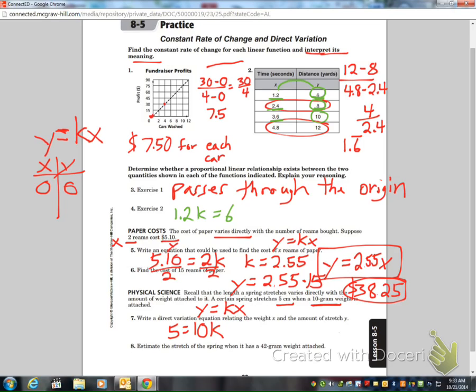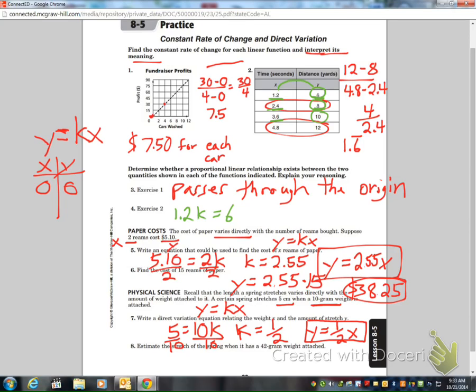So if I find k, I just divide through by 10, and my k value is going to be 5 over 10, which is 1/2 if I simplify it, right? Or 0.5, but I prefer fraction form. So my constant is going to be 1/2, so then to write my equation, I just write y equals 1/2 times x. Once I find k, it's really easy to plug in. Y always equals k times x. So y equals 1/2 times x is my equation.